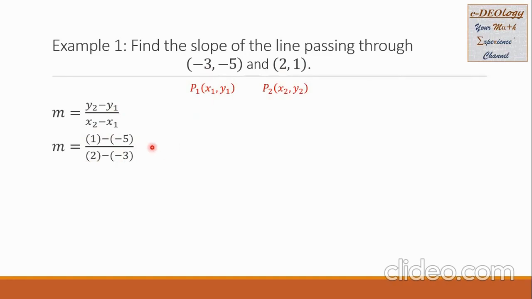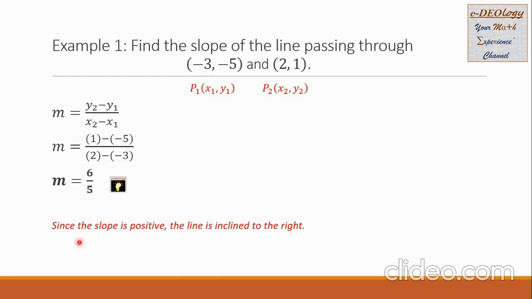Then we will simplify the numerator and the denominator. 1 minus a negative 5 becomes positive 6, all over 2 minus a negative 3, which is positive 5. So this is now our slope.